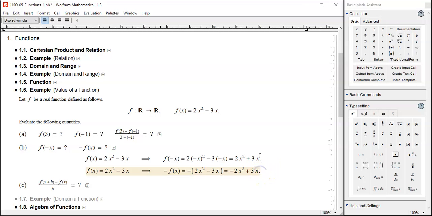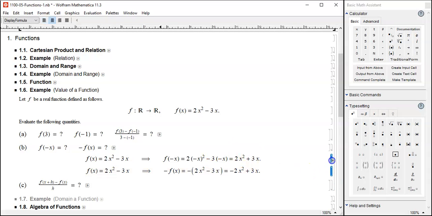So in general, these two are different. I can simply put negative outside. As you can see, these two are different. Sometimes you're lucky and they're the same, but most of the time, in general, they're different. In any case, it's another substitution. So you can substitute inside the parentheses in place of each x, or you can substitute entire f of x equal to something. Whenever you have an equality, you can substitute.